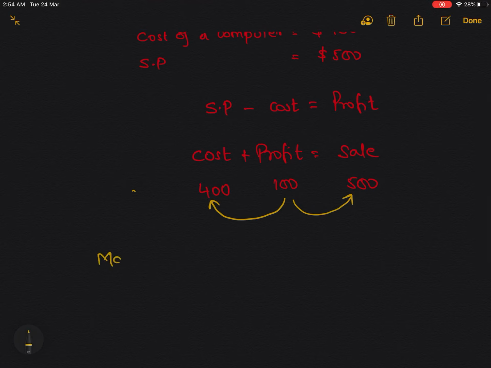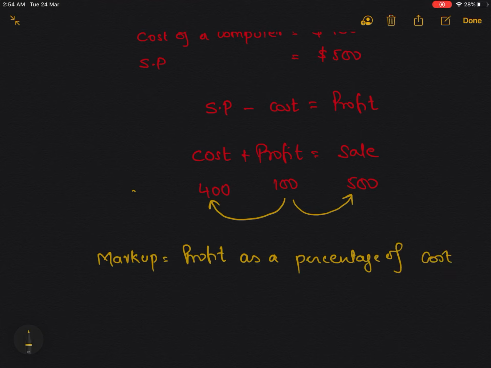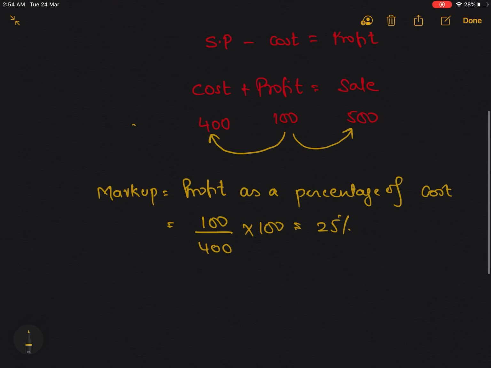So markup is profit as a percent of cost. If I want to calculate the percentage of it, that is nothing but 100 upon 400 into 100. That comes to 25%.